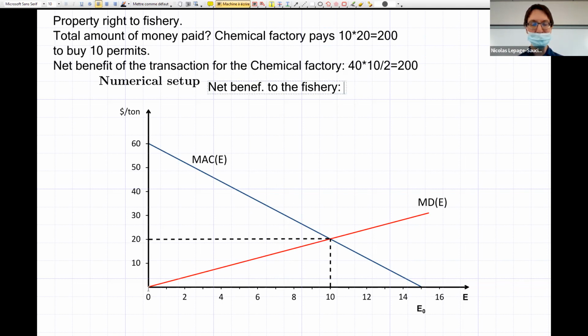They are a bunch of sellouts who just sell their nice rivers to polluters, but it's not that bad because the damage that they have to incur is not all that great. It's just this area below the marginal damage curve. The net benefit is, of course, the payment minus the damage. So it's just this triangle there. So it's 20 multiplied by 10 divided by 2.